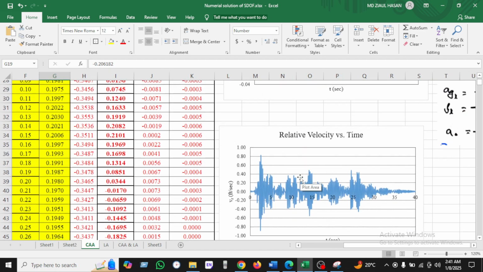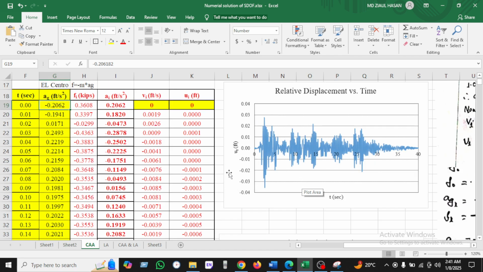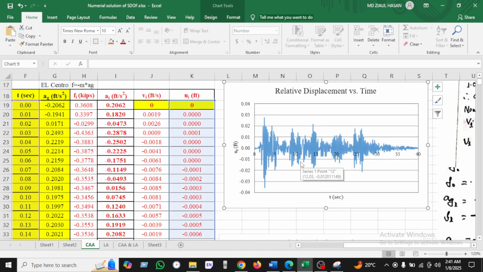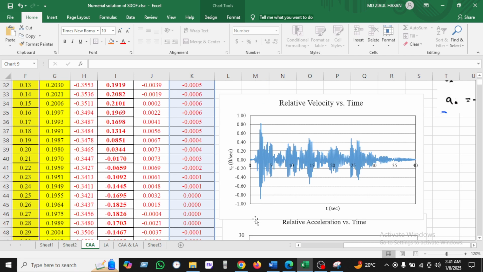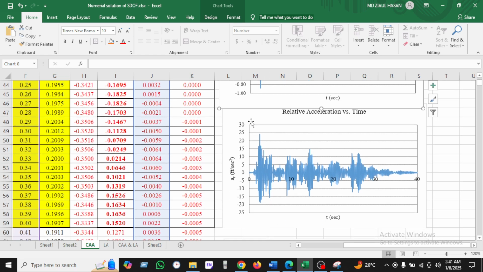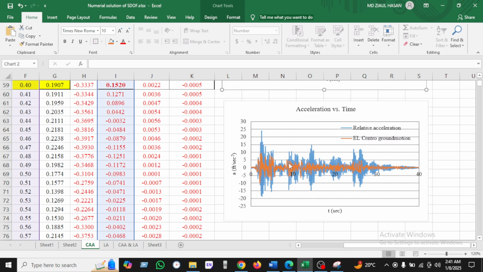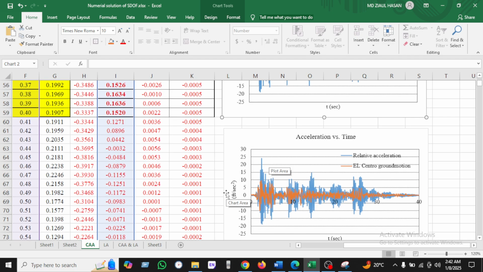We can see all the parameters have changed. The relative displacement and the relative velocity have changed, and the acceleration also changes. The LSM2 maximum acceleration is 10 feet per second squared, but the relative displacement we found is 25. So there is more and more jump in the data.